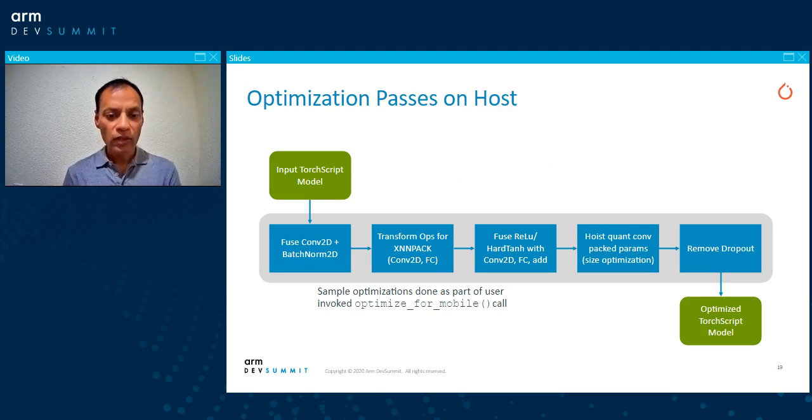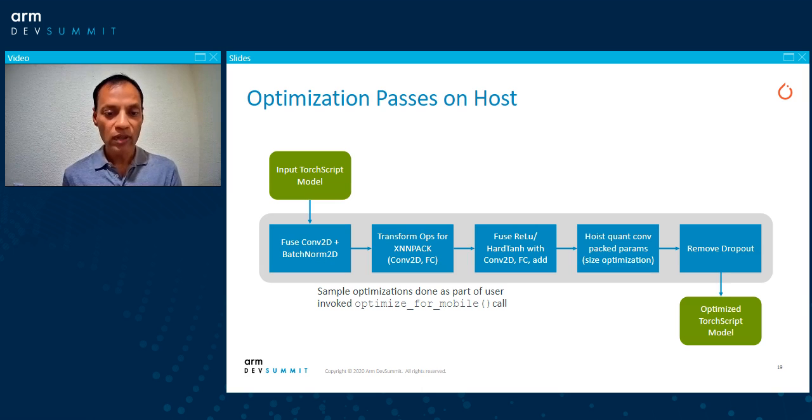Okay, so now I just want to show you what optimizations are possible and what the benefit of them is. Some sample optimizations can be applied to your model on the host before you save it for mobile usage. This newly added optimize for mobile function call can do a lot of heavy lifting for you.